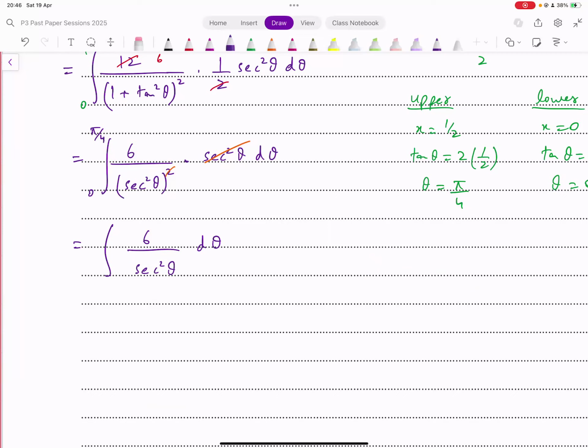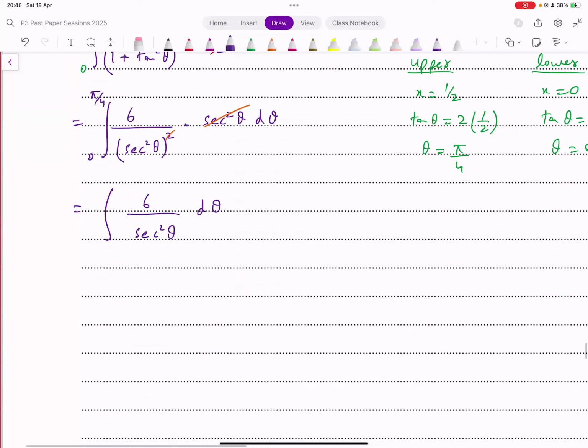You cannot use ln rule, tan inverse, partial fractions, improper fraction. None of them works. Let's take secant square to the numerator. What does that become? It becomes cos square. If you take it to the numerator, it becomes 6 into cos square theta d theta.